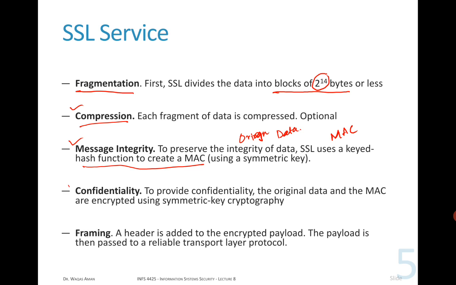Then it also provides confidentiality, which is one of the most important objectives here, which means it will be performing encryption. The original data and the MAC are encrypted using a symmetric key.